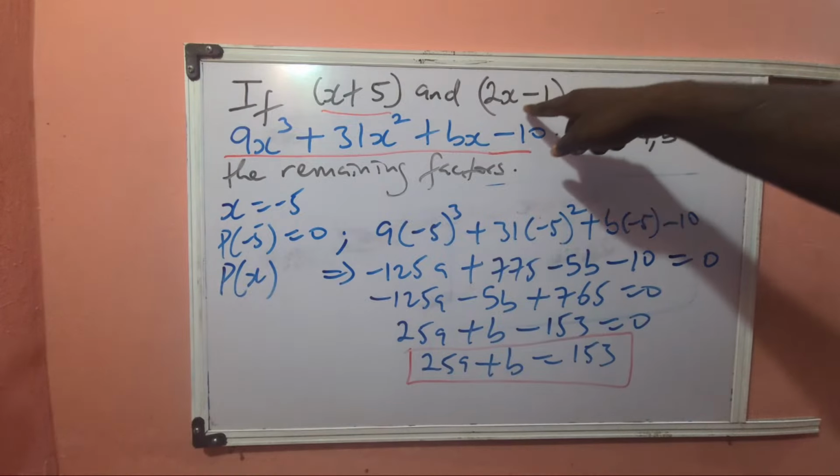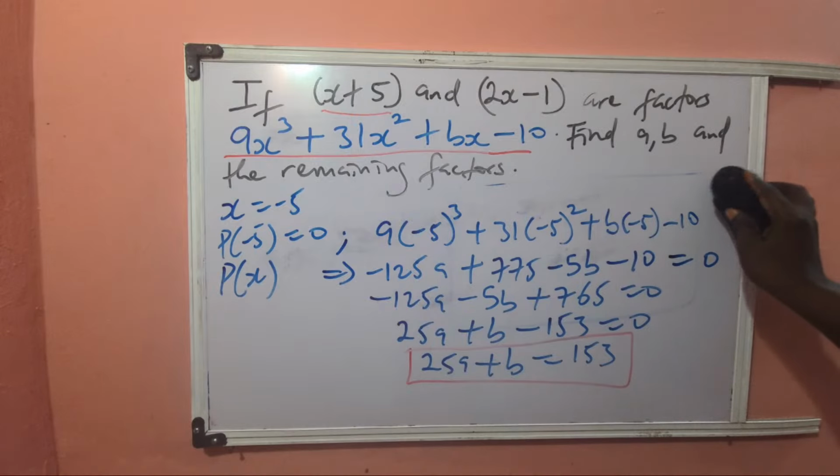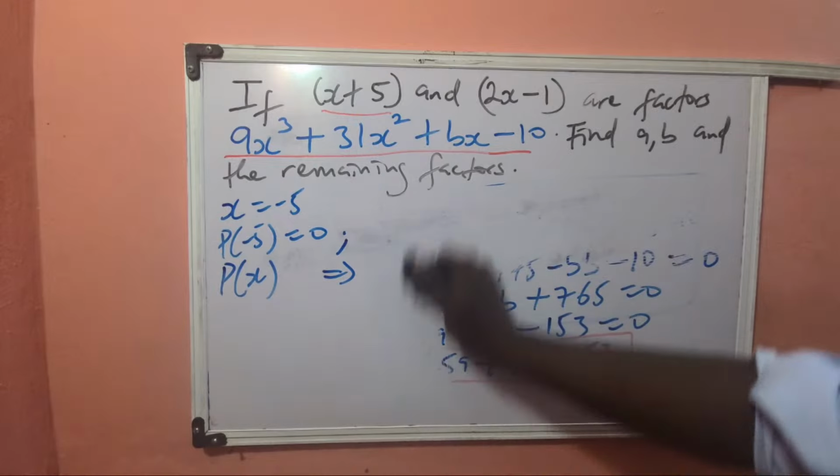Let's go on to do for 2x minus 1, and let's see where that takes us also. So note this somewhere in your notes. I'll be rubbing this off and going on to solve for when 2x minus 1 was the case.